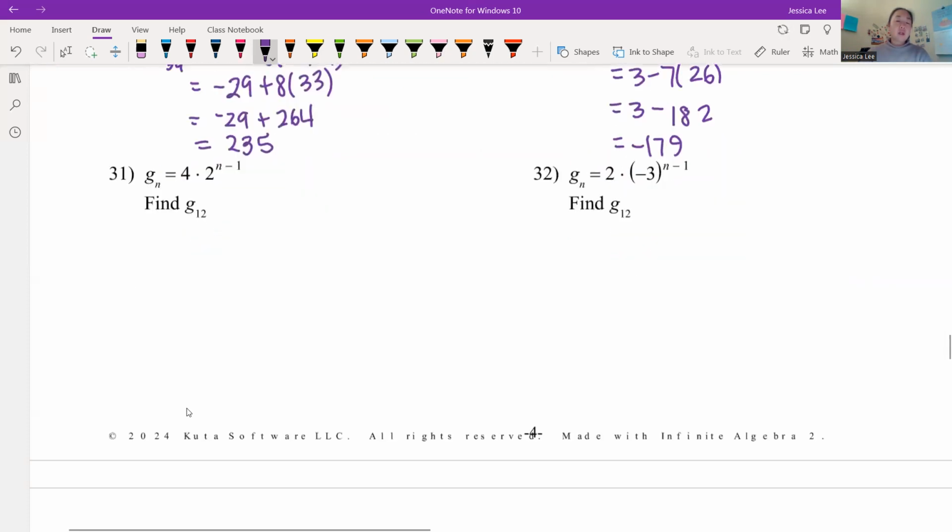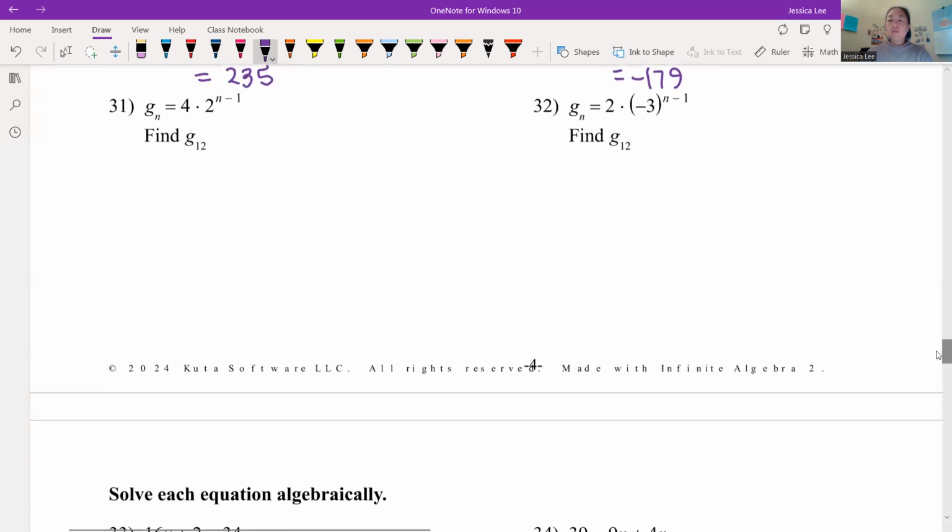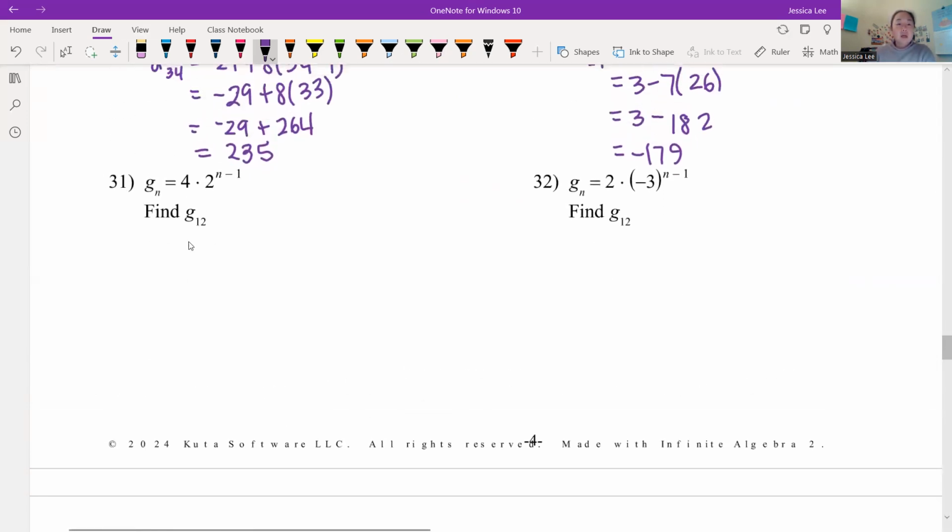All right, this one right here. We're now in the world of geometric. And notice we're looking for the 12th term. Since these get big so fast, we don't usually want to find very big number terms. So here it goes.